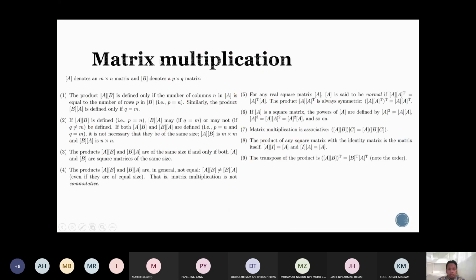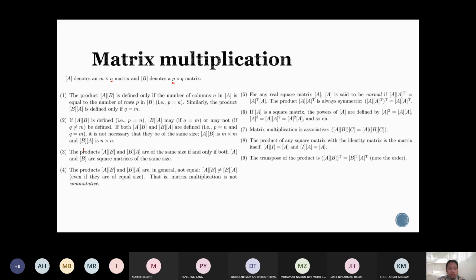Okay, so matrix multiplication. I think you have learned about matrix multiplication in school. If you have two matrices, A is an m by n matrix and B is a p by q matrix, and you want to multiply A times B, you must make sure that the value n is the same as the value p.